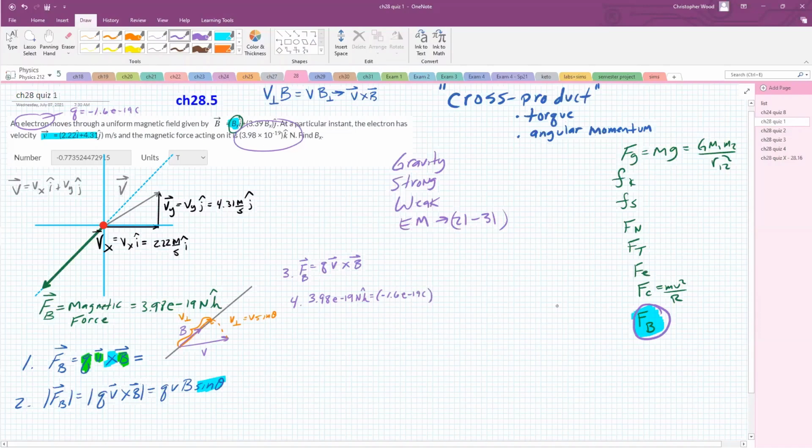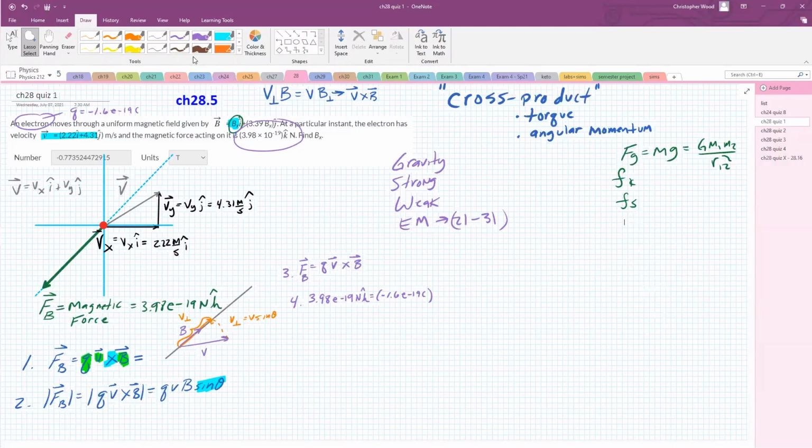Here's how I'm going to do V cross B using cross. This is called the method of Sarrus. Some of you have learned this method. Some of you learned a different method. You can use whatever method you want. And if you never learned how to do cross product, you should contact me.